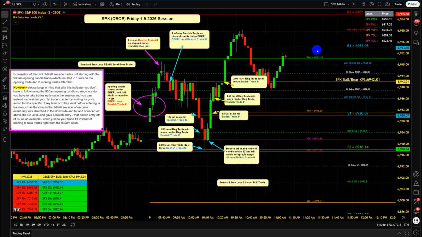So all that is important for you to figure out as far as using the daily key level strategy of taking trades, either bullish or bearish, off of any of the main key levels, and then using the QL levels for tight stop losses, or the midpoint levels for your standard stop losses, and then also the process of managing your trades, level to level management of trades, moving one level in your favor for scalp trades, or a 1.5 level move or greater for regular trades.